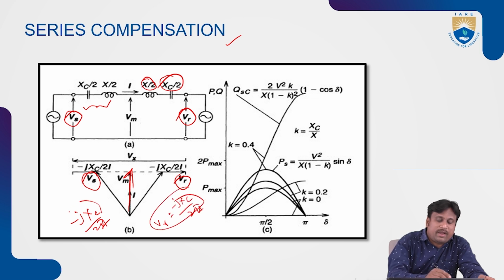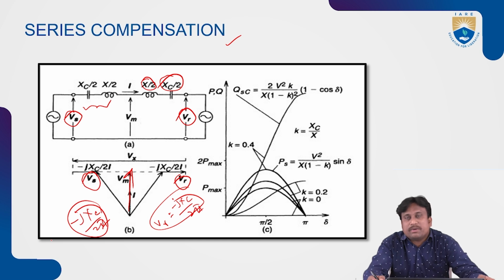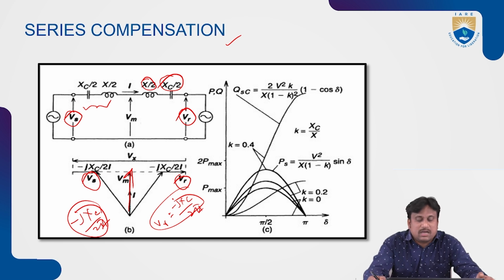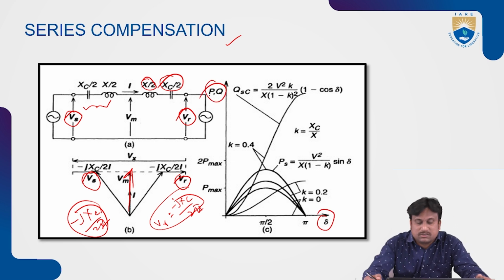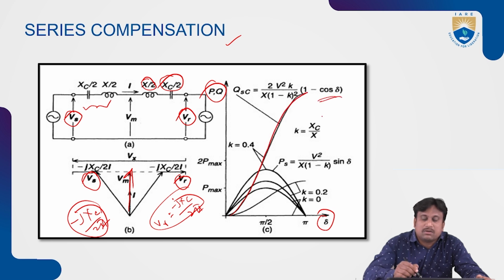One of the two factors will influence the system parameter. As the curve is drawn between power angle delta versus real and reactive power coefficients P and Q, that curve is hiked to the extent of 1 minus cos delta. Here the real power coefficient is V square by x into 1 minus k sin delta.